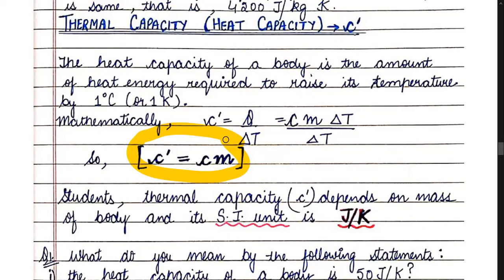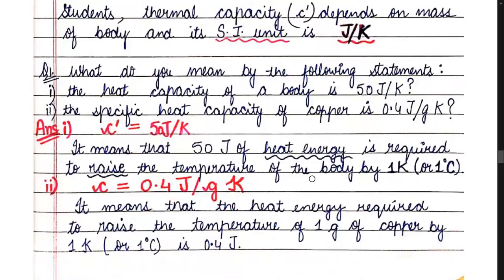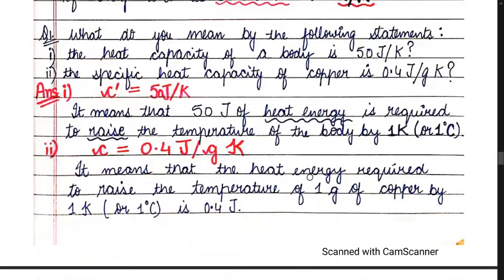So students, clearly it can be observed that thermal capacity C dash depends on the mass of the body, and the SI unit of C dash is heat upon change in temperature, that is joule divided by Kelvin, or joule per Kelvin. So students, now let us learn how to write the definition.